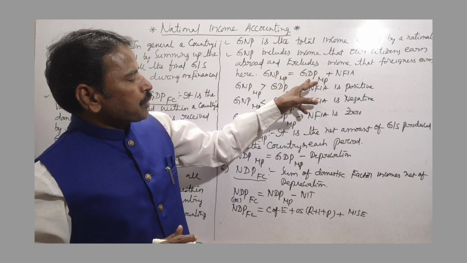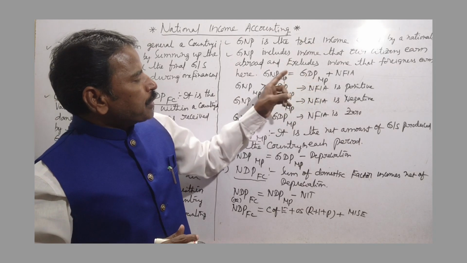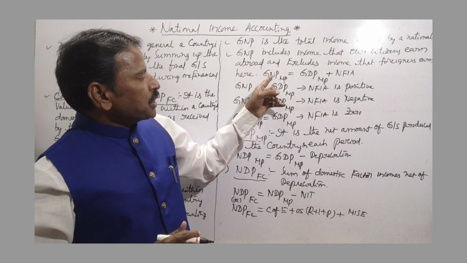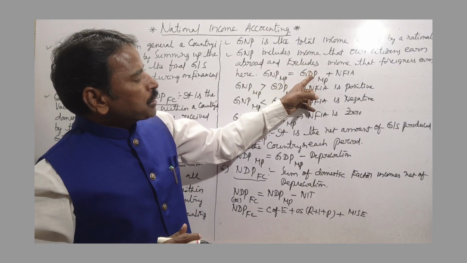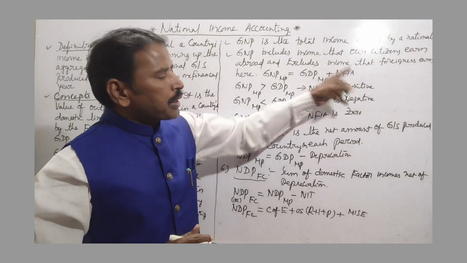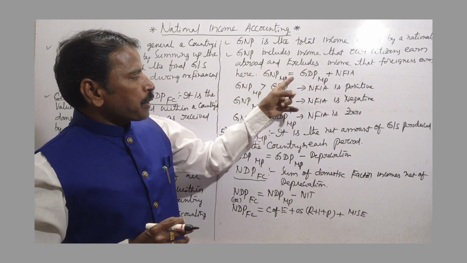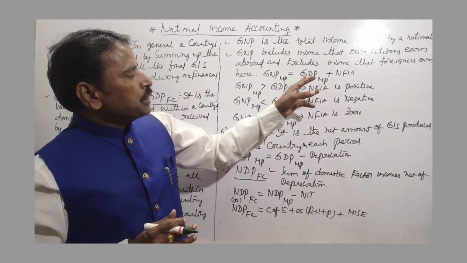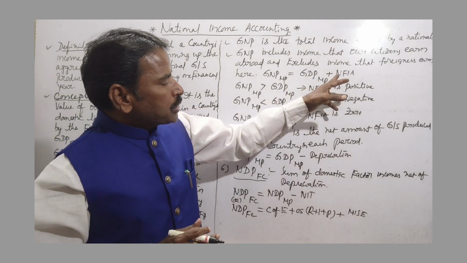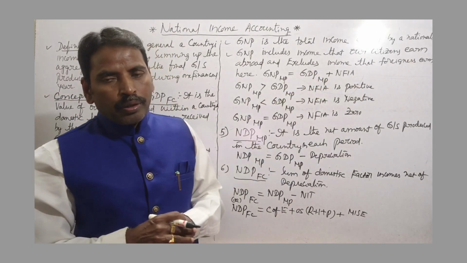The difference is, to get national from domestic, we add net factor income from abroad. So GNP market price is equal to GDP market price plus net factor income from abroad.